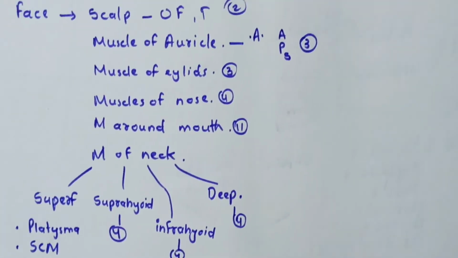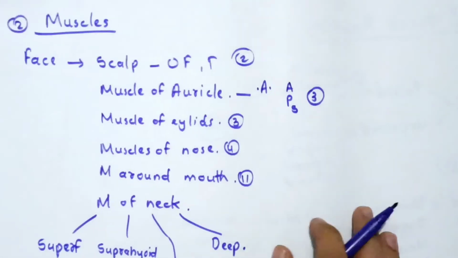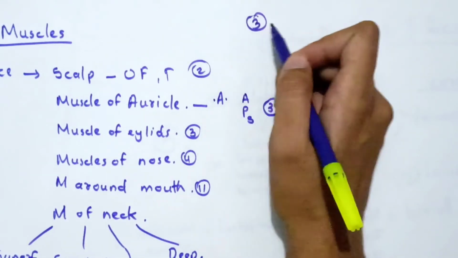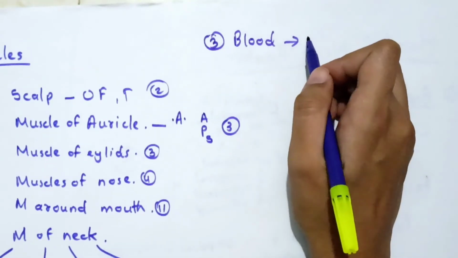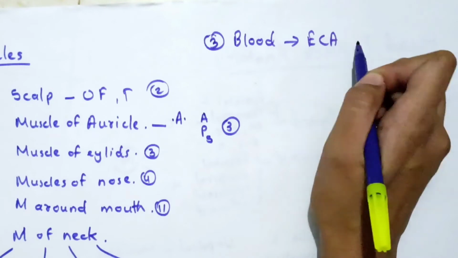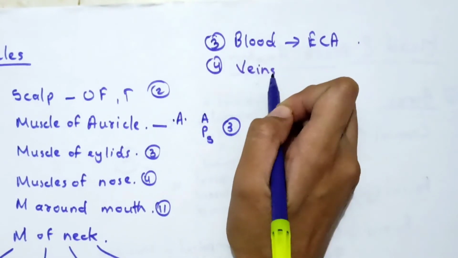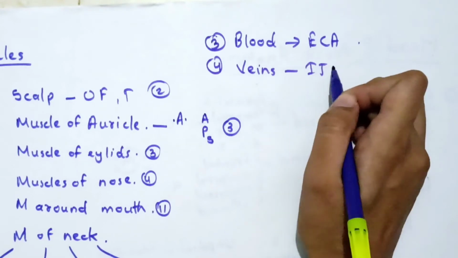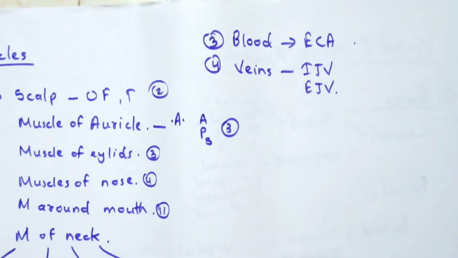So we have studied about the bones and the muscles. Third is the blood supply, which is mainly from the external carotid artery. For veins, we have internal jugular vein and external jugular vein, which then drain into the superior vena cava.